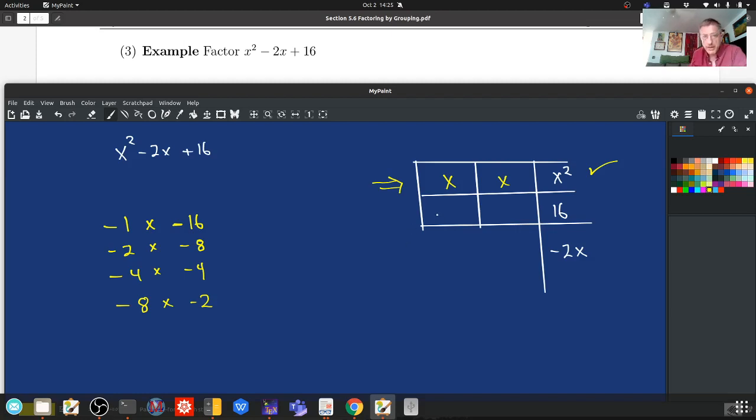So let's try them. Minus 1 and minus 16. That gives me minus x minus 16x, and when I add them together, it gives me minus 17x. And that's not what I want. I want minus 2x.